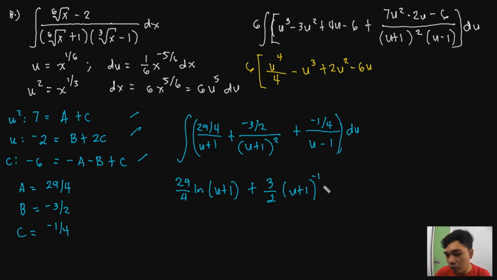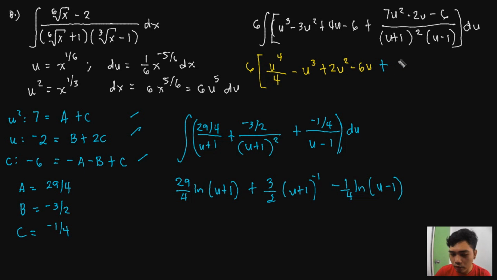Now you can also check that using differentiation. So you will be able to get negative 3 halves and then u plus 1 raised to negative 2 times du. Okay. And then finally, we have 1/4. So that is minus 1/4 ln of u minus 1. Okay, plus c.